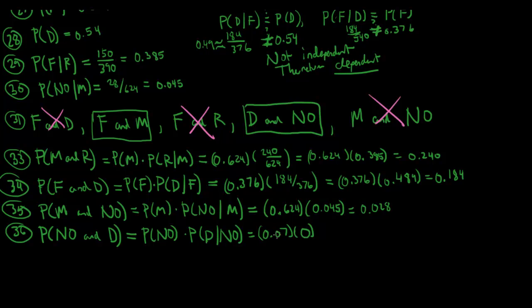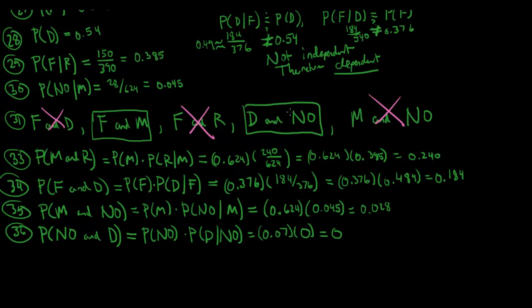So 0 times 0.07 is 0. Now, why should we have just automatically not even bothered ourselves with doing these calculations? Because right here, think about it. The probability of having no opinion and being a Democrat, those are two mutually exclusive events. That means they can't happen at the same time. Look right here.